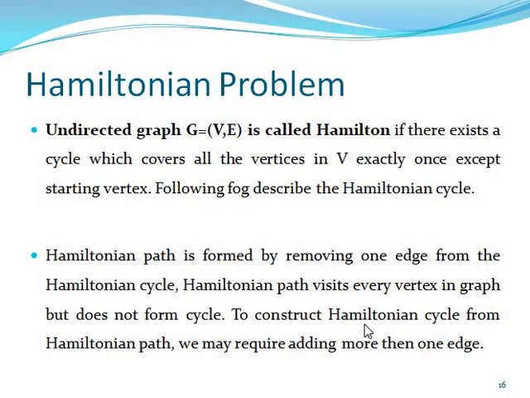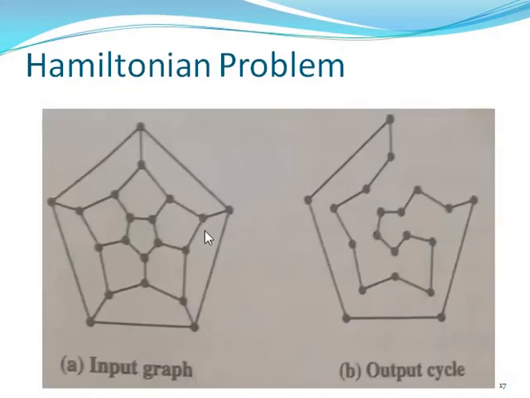To construct the Hamilton cycle from the Hamilton path requires adding one edge. So we can say that the Hamilton path constructs one tree, and then edges are removed but no cycle is created.